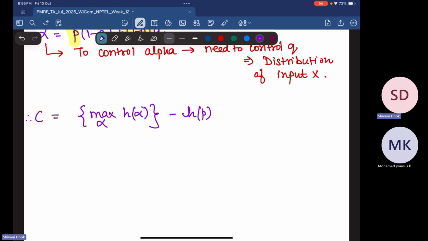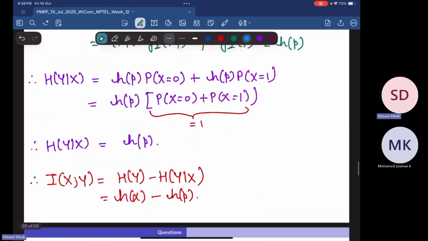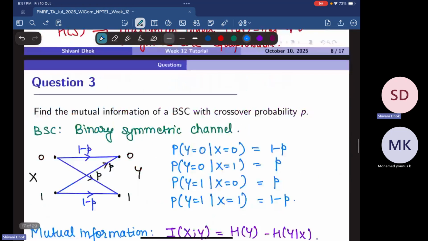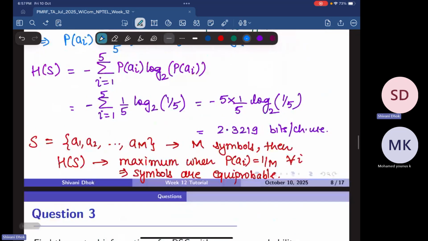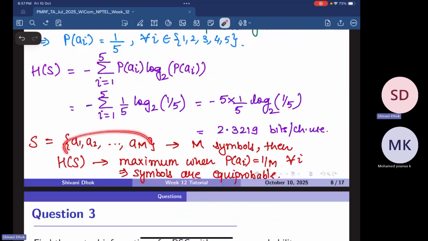Now, h of alpha is h of y, and this y is a binary random variable. When we were solving the previous questions on entropy, I made a note that when you have an alphabet with m symbols, the entropy is maximum when all the symbols are equiprobable.